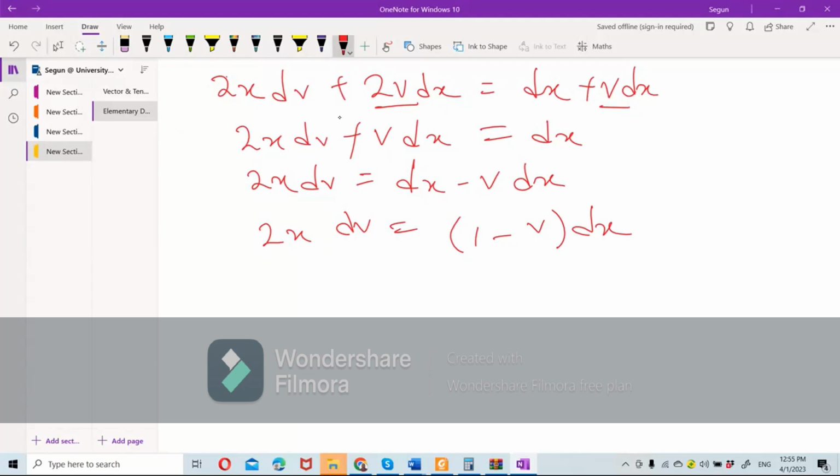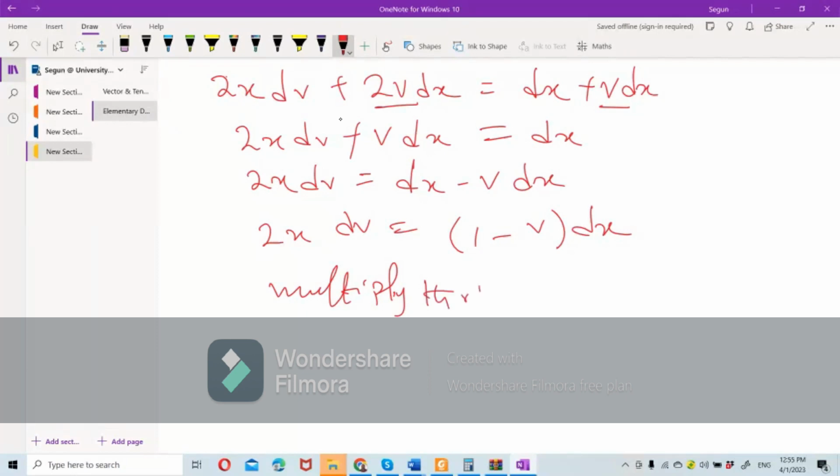So I need to multiply, separable variable, multiply through by 1 minus v over 2, or we can just say we multiply through by 1 minus v 2x.